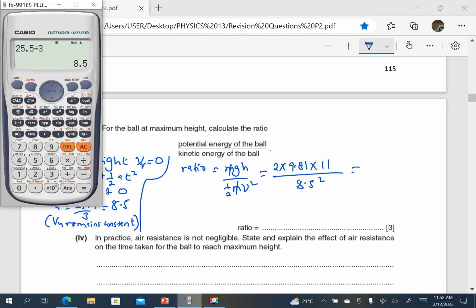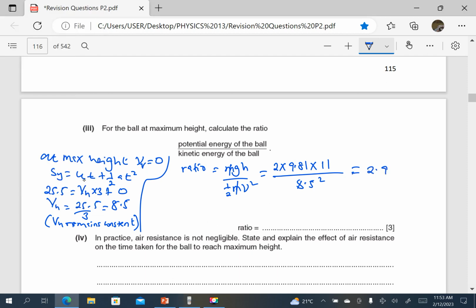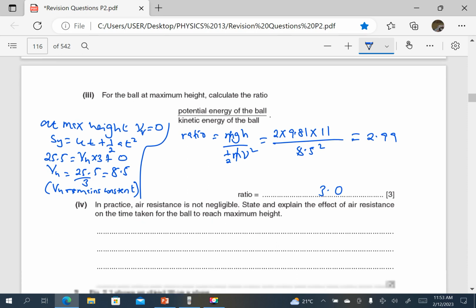So that will be equal to 2 times 9.81, then times 11 divided by 8.5 squared, which is 2.99, or approximately 3.0. That is the ratio.